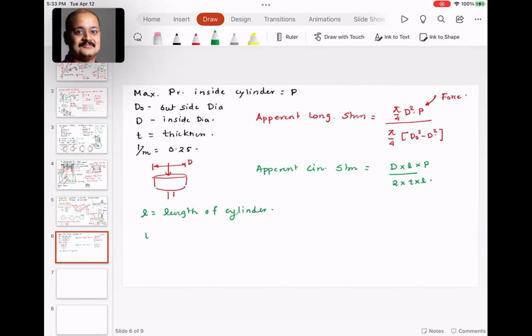And from these two equations, you can find t as p times D divided by 2 times sigma C, plus some allowance for reboring. So what is this reboring?